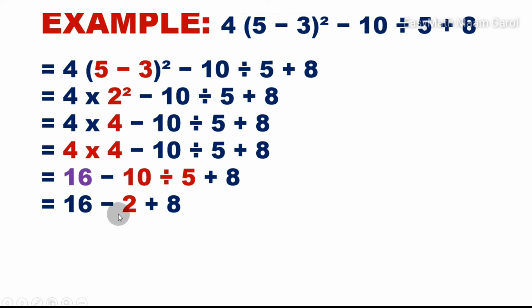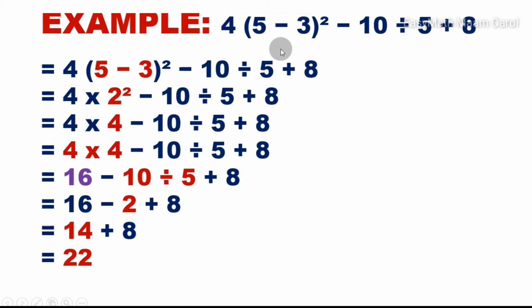So 16 minus 2, that would be 14, plus 8, that would be 22. Yan. So we have now our final answer na 22 para dun sa expression na 4 times the quantity 5 minus 3 raised to the second power or squared. So yun yung pwede nating isabi doon, either squared or raised to the second power. And then minus 10 divided by 5 plus 8. So the answer for that is 22.